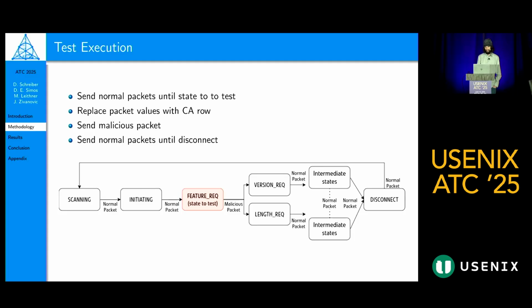In this state, we observe the next packet that is about to be sent, replace the field values with the values from the meta CA row, and send the altered packet to the target device. After that, the tool continues to send normal packets until the peripheral disconnects, either through reaching the disconnect state, or the target device becomes unresponsive, or the target device resets due to some errors.